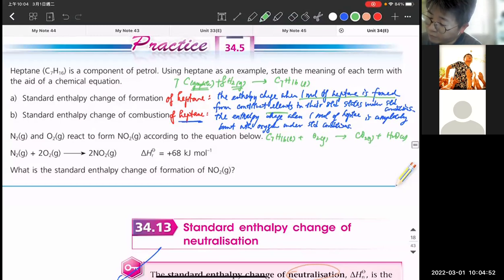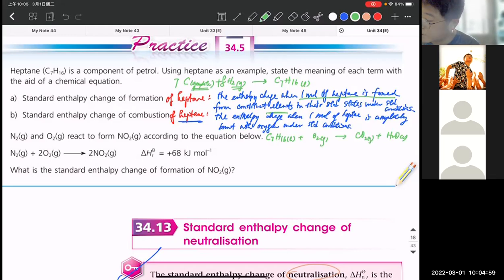It must be 1 mole of heptane. How many moles of oxygen? There should be 7 CO2 and 8 H2O, leaving behind 14 O plus 8 O, 22 divided by 2, it is 11. So 1, 11, 7, 8. Do you understand?